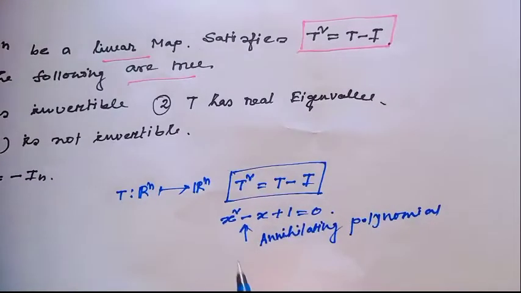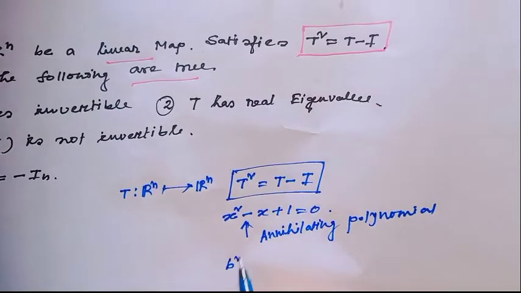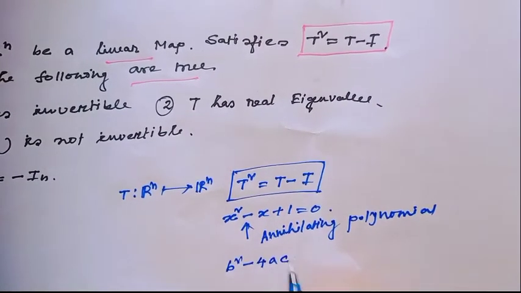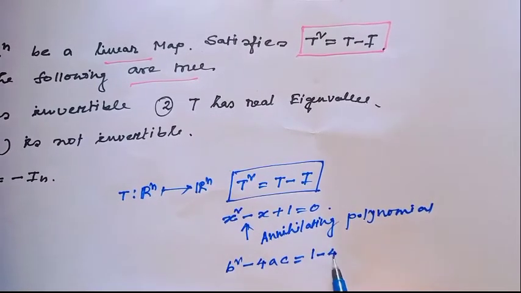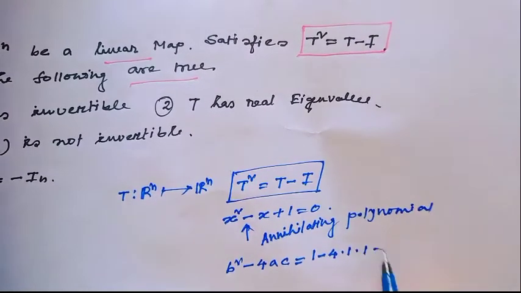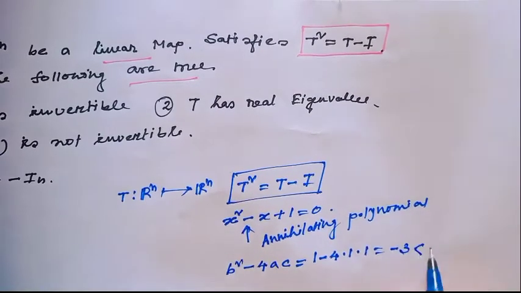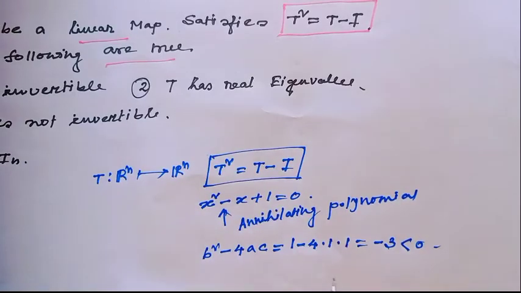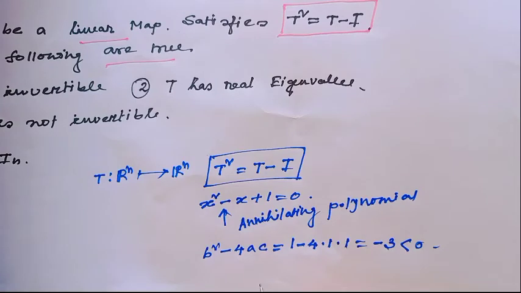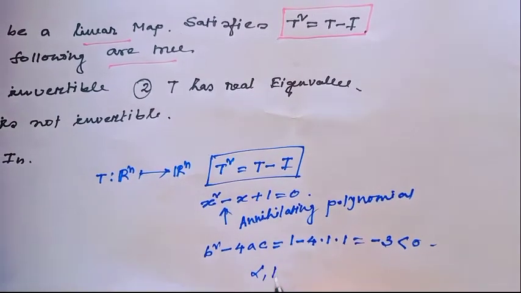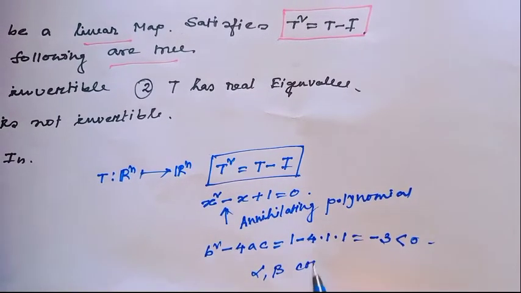Here notice b square minus 4ac equal to 1 minus 4 times 1 times 1, which is equal to minus 3, which is less than 0. That means obviously for this annihilating polynomial the roots are complex. Consider the roots alpha and beta, which are complex.